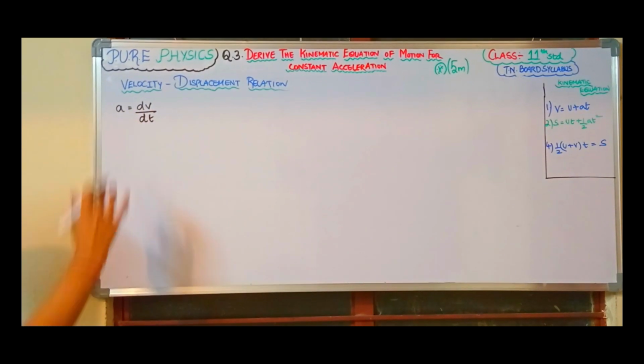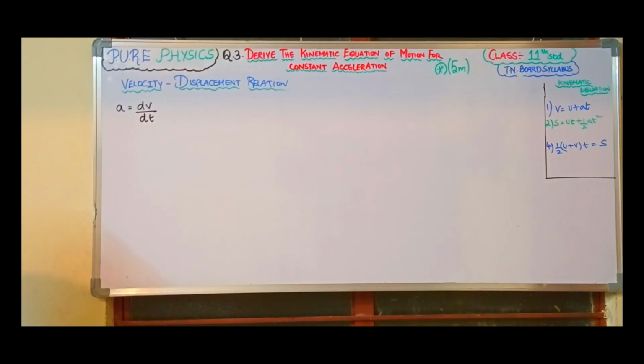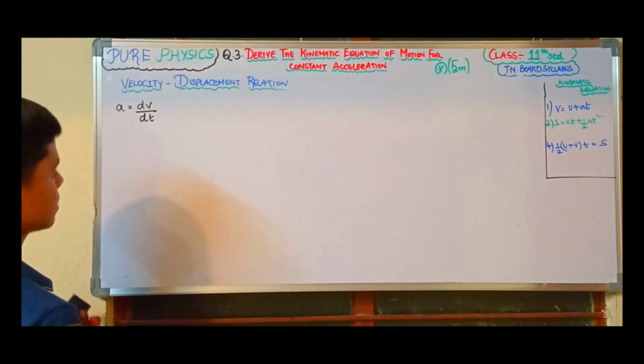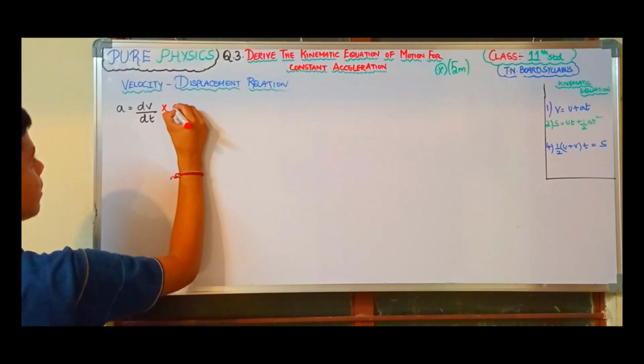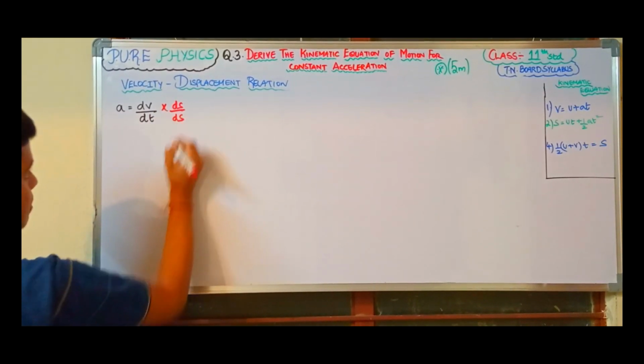Now to this equation I'm going to multiply and divide by ds. Multiply and divide by ds, ds by ds.